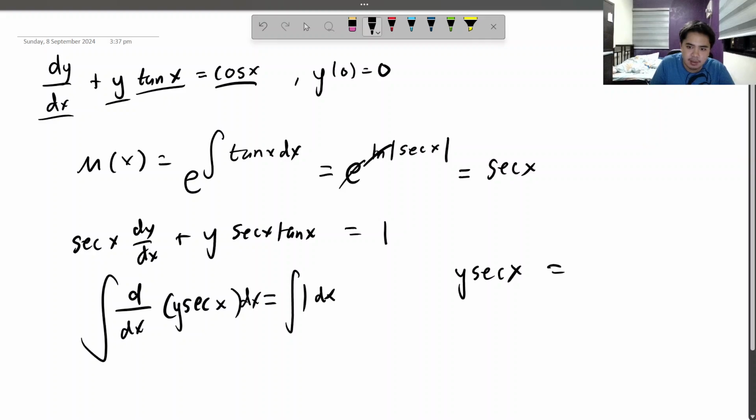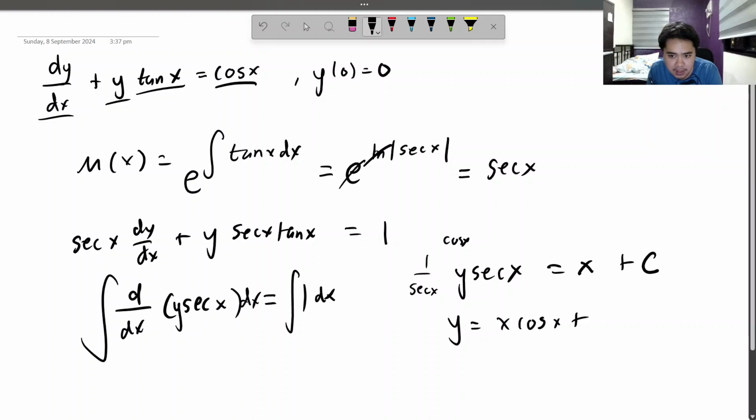And on the other side, we got x plus c. So y then is equal to, if we multiply both sides by 1 over secant x, which, as we all know, is just cosine x, x cosine x plus c times cosine x.